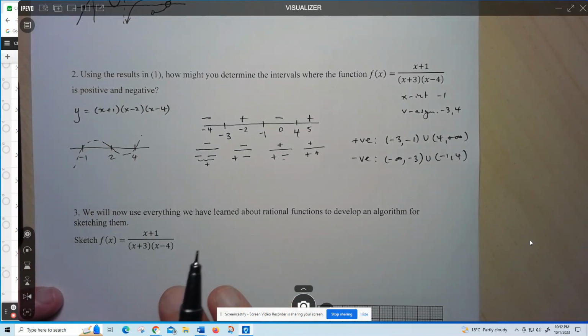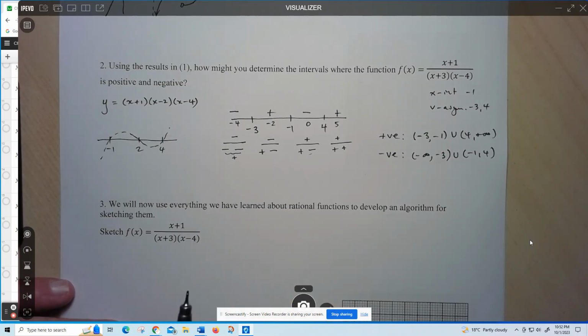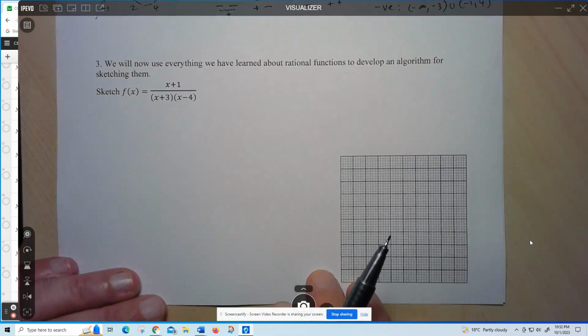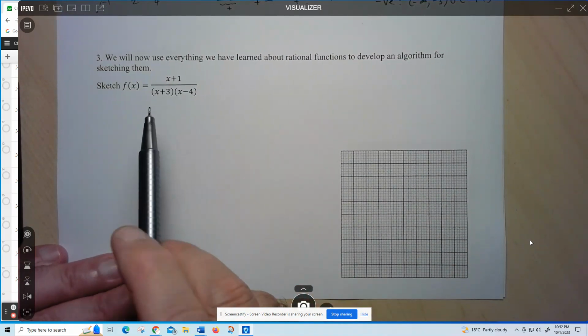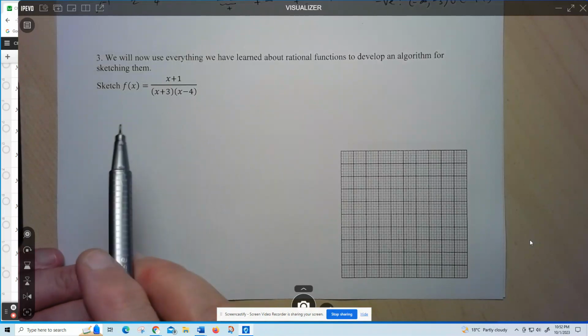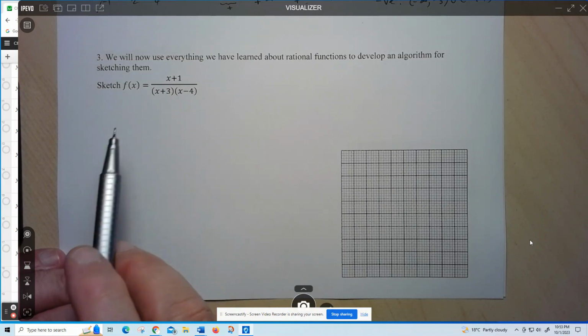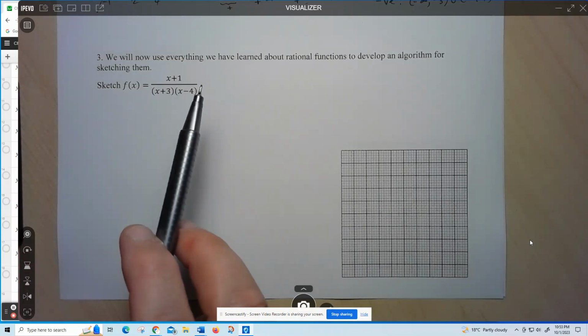Keep in mind, we're not worrying about local maxima or minima or absolute maxima or minima. But I want you to think back to all the characteristics we've been able to determine about rational functions and see if you can come up with an algorithm. So what strategy, what set of steps would you follow if you wanted to sketch a graph of this function?